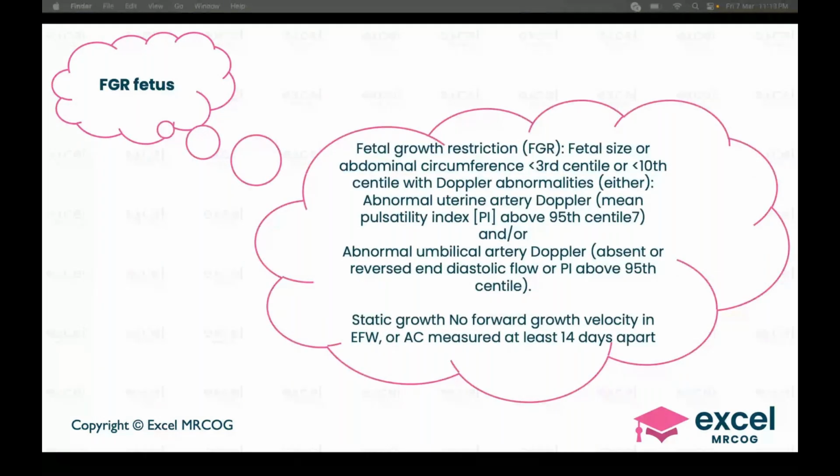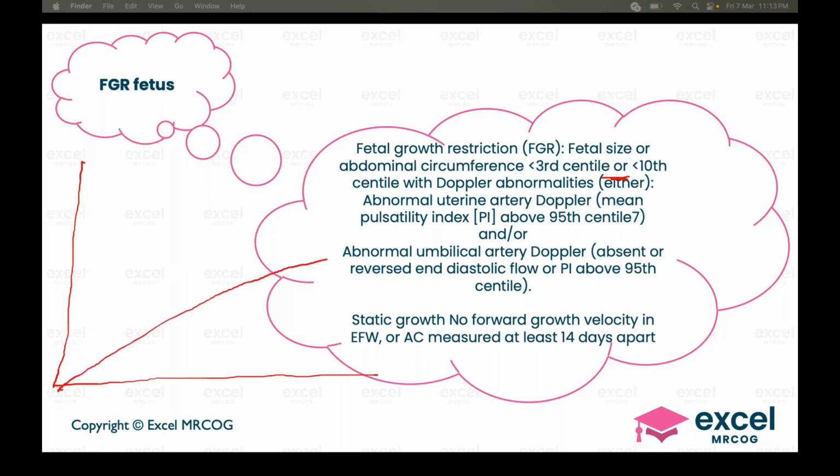Okay. So FGR is where the fetal size or abdominal circumference is less than the 3rd centile. Or, remember there is an or here. Okay. Or. So it is either a baby that is growing at a pace which is less than the 3rd centile.